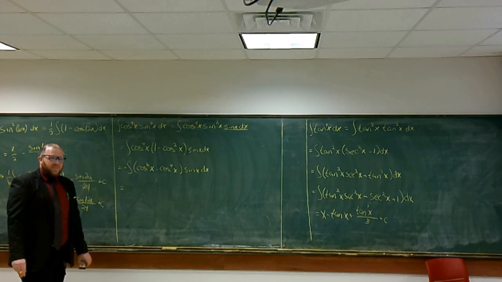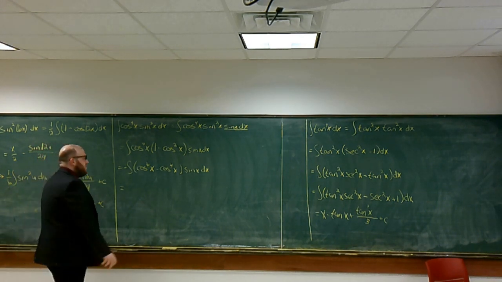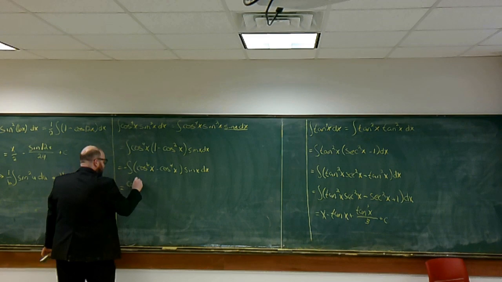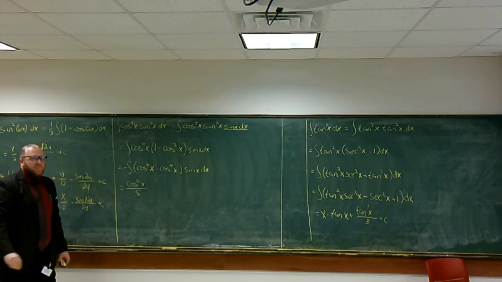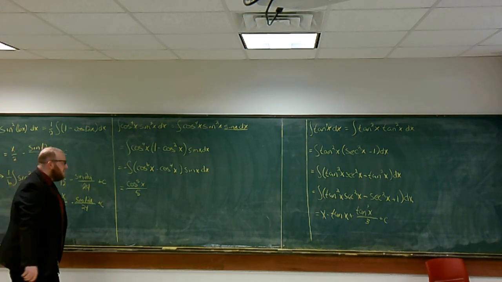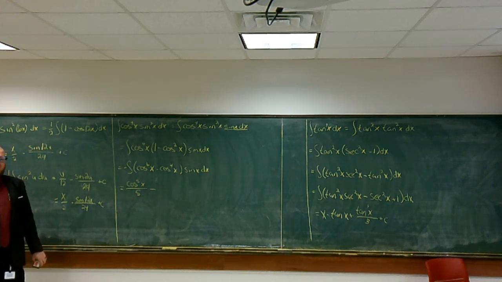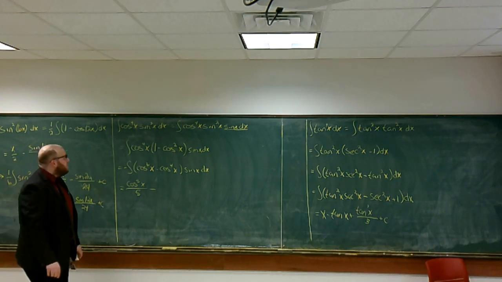To u fourth. U fifth divided by 5. And u is cosine. Wait a minute.